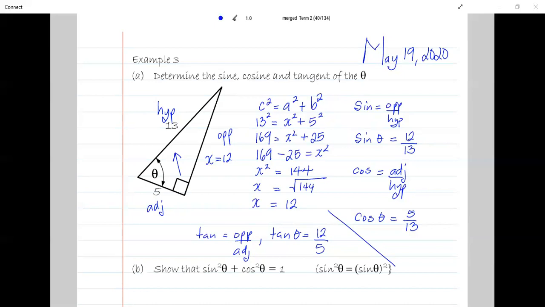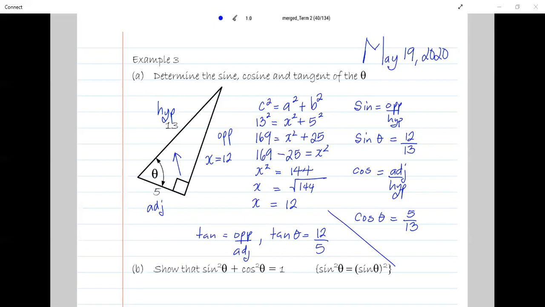But in order for me to say what the sine and the tangent of the angle theta is, I had to find the length of the unknown side, and the length of the unknown side is 12. Once I know that, sine is opposite over hypotenuse, which is 12 over 13, the cosine of theta would be the adjacent side over the hypotenuse, which is 5 over 13, and the tangent of theta would be the opposite over the adjacent, which is 12 over 5.